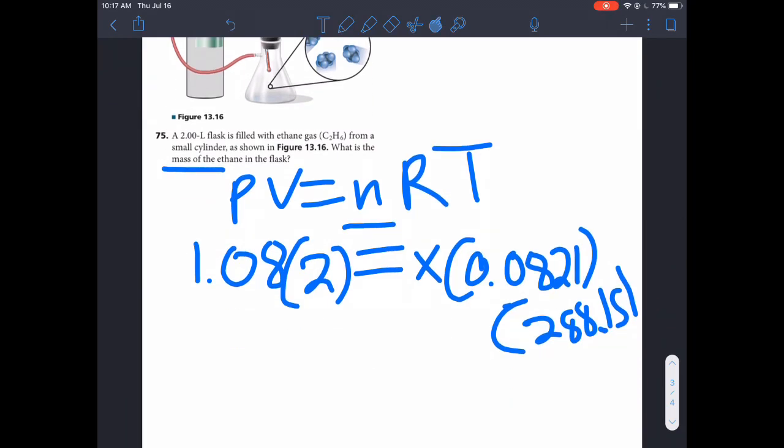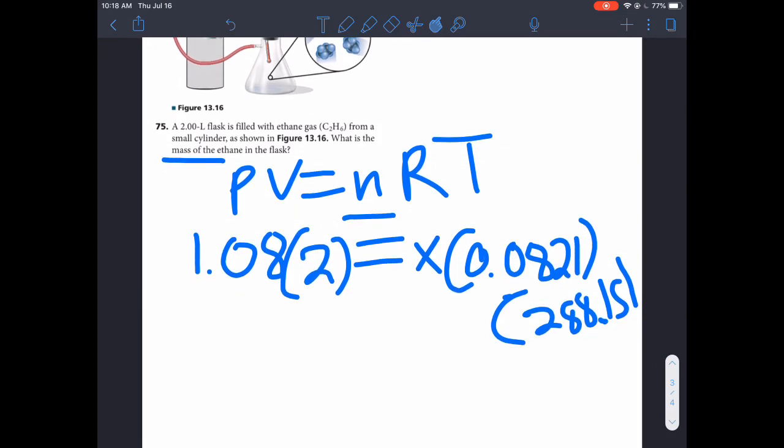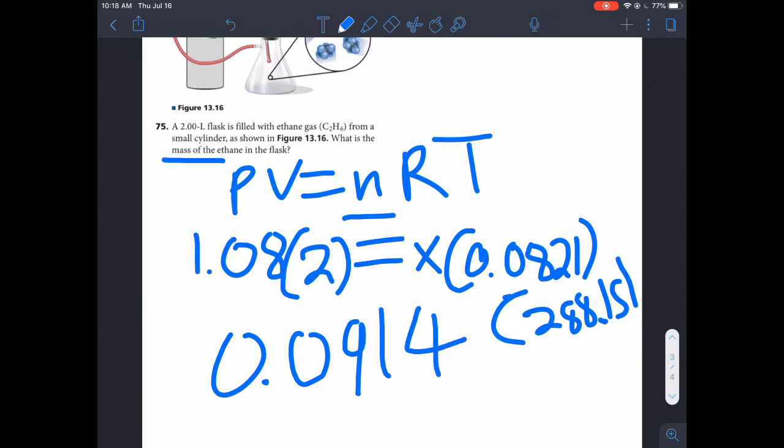So 1.08 times 2, and then you should get 0.09 something.